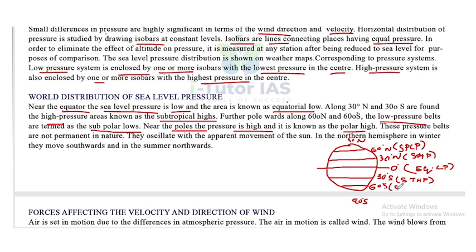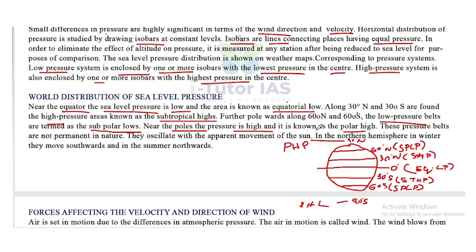Here also subpolar low pressure. And this one 90 degree north, 90 degree south, they are polar high pressure. Okay, so that is the distribution of sea level pressure.